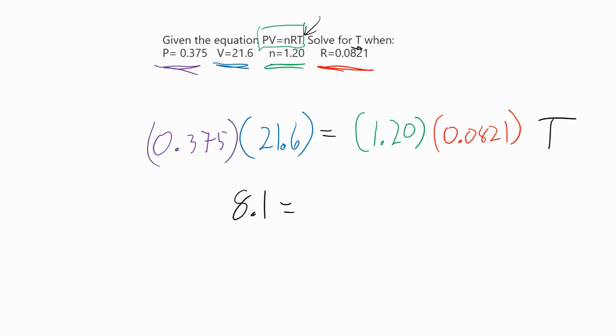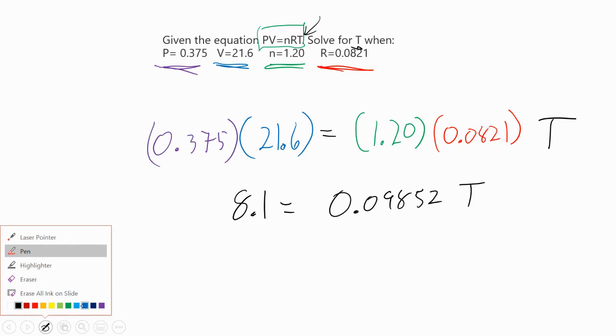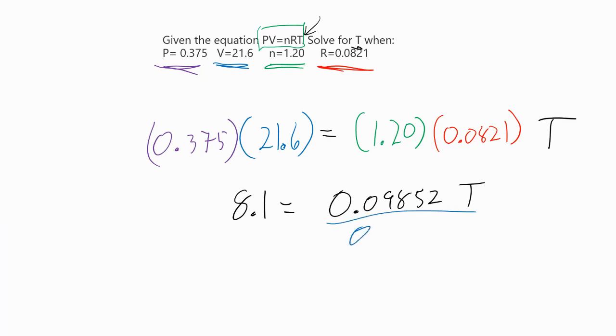And then 1.20 times 0.0821 is 0.09852 T. And then again, that's a multiplication, so we want to divide both sides by the 0.09852.